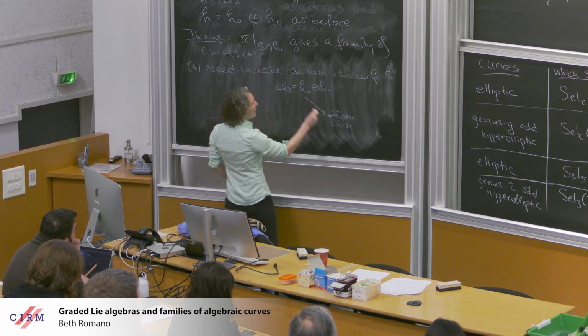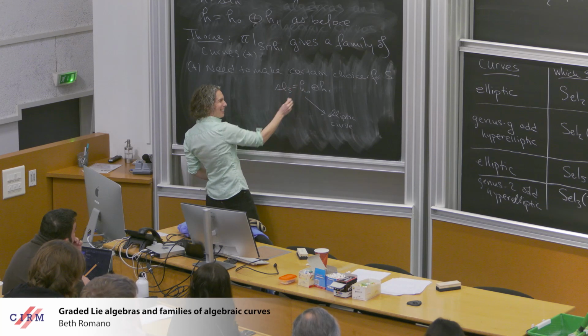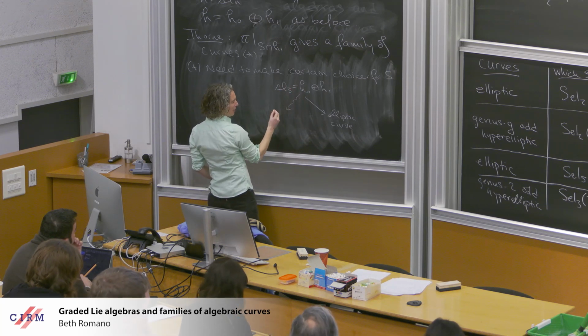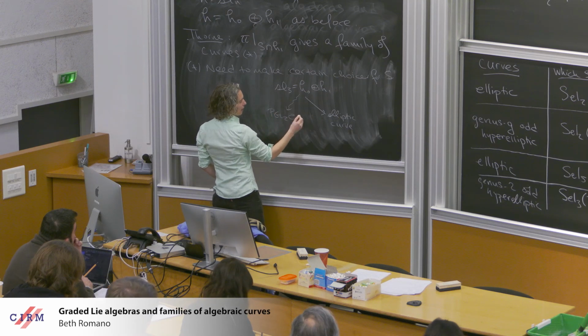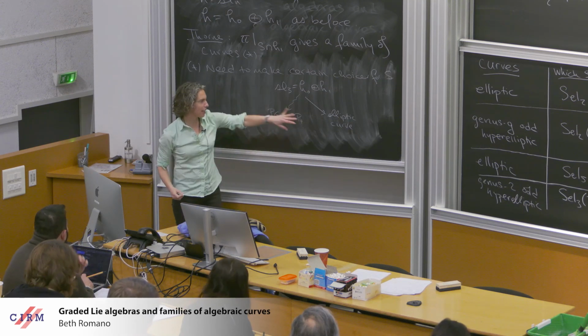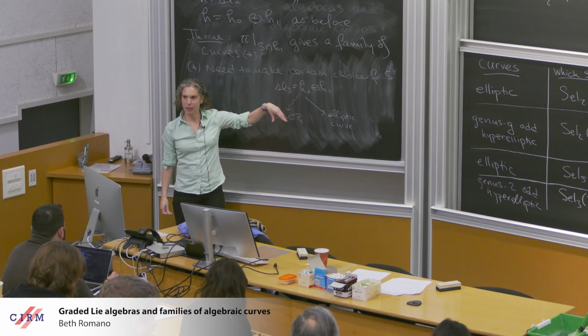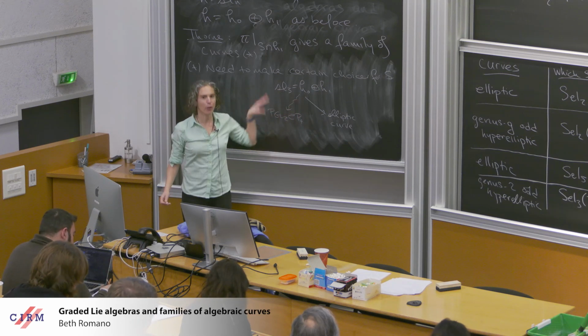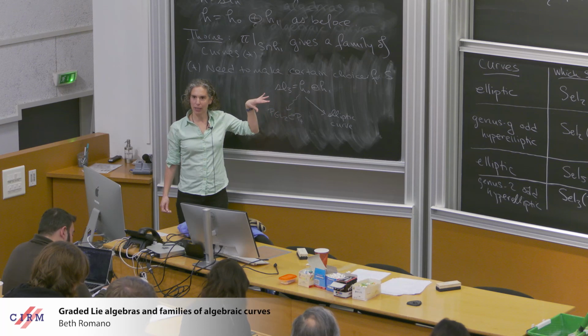I wrote this on the wrong side. Okay, so I should have put it on this side because we already showed that you also get PGL2 acting on P4. Right, so we get the same objects as in our original example, except we have a bigger picture here with this bigger Lie algebra.